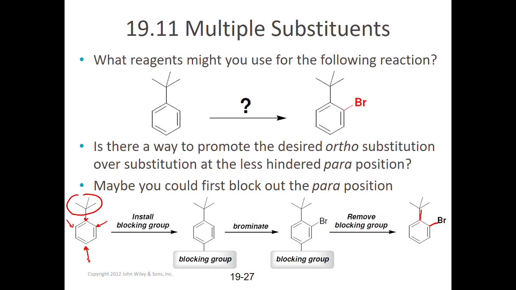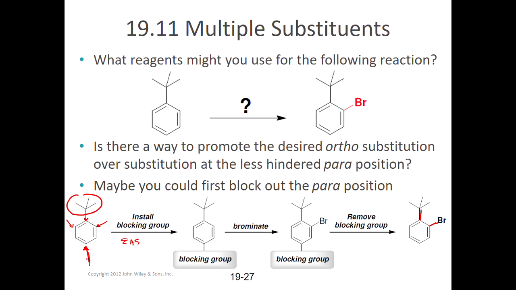And so last time we talked about a specific group that can be installed and removed, and we can consider that to be a blocking group. And so the idea here is, since this tert-butyl group is going to direct the next group to come into the para position first, we could block that by installing a group there through an EAS reaction.